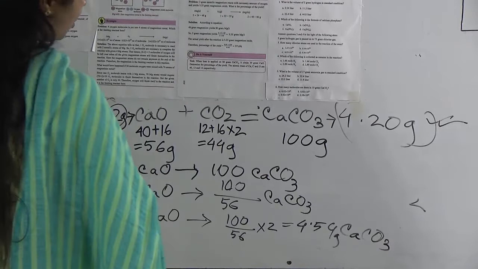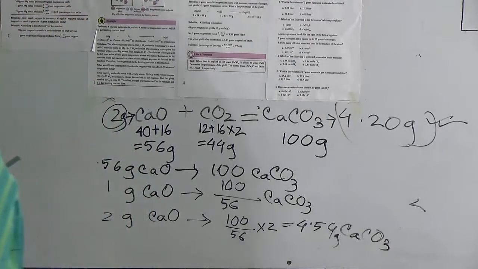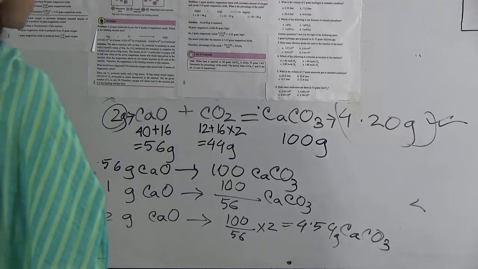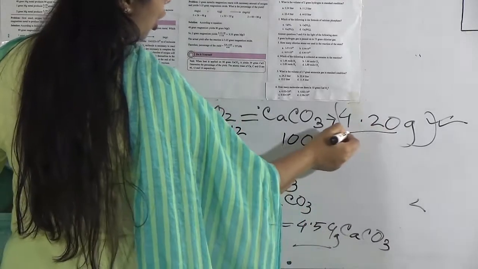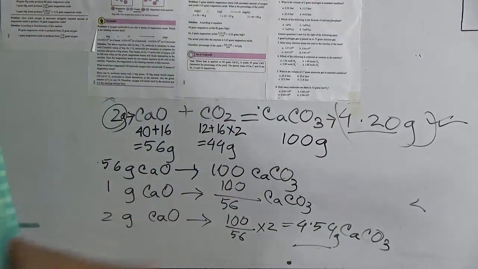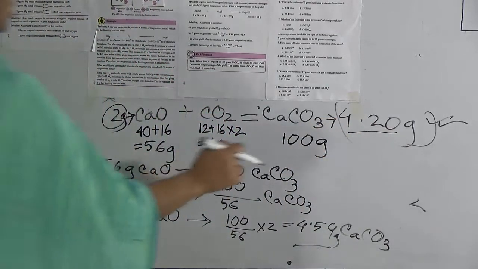Now our calculated amount of yield is 4.54, this is the calculated amount and this is the obtained amount. Obtained amount is 4.20.